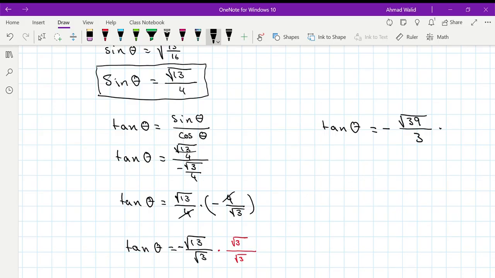Final answer. You see, by just being given one trig function, using the Pythagorean theorem and the quotient identities, you can find the rest, correct?